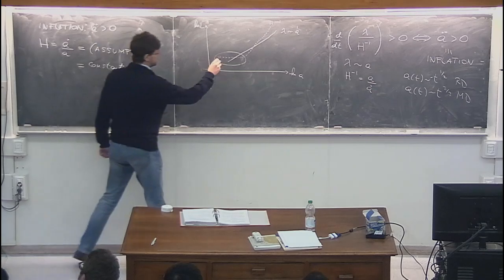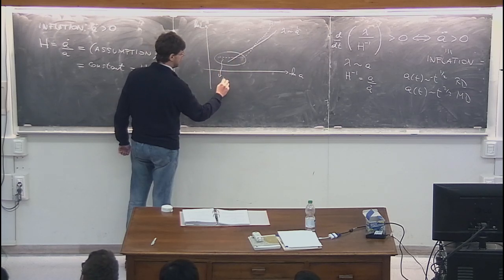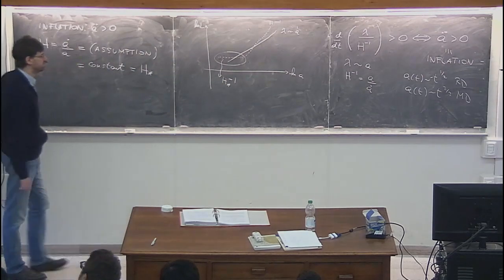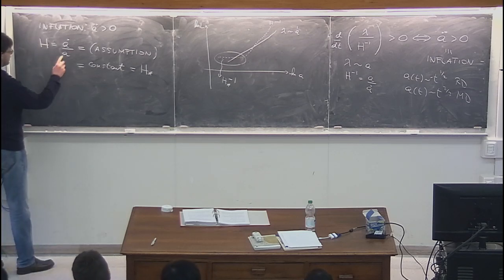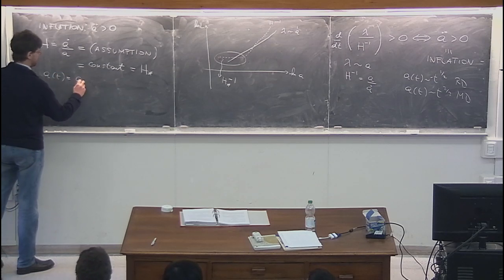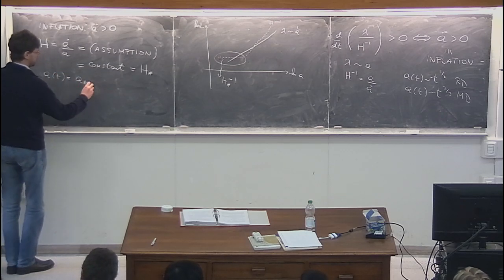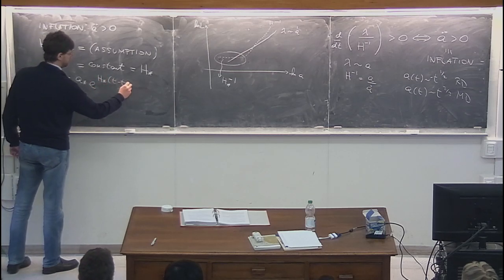So if you like, this dashed line, which I drew on purpose, horizontal and constant, is basically my H star to the minus 1. Let's suppose that there is a period of inflation where the Hubble rate is constant. If that is so, I can solve this equation, and I discover that a of t is nothing else than some a star e to the H star (t minus t star).